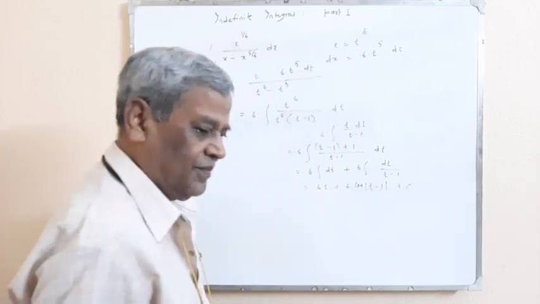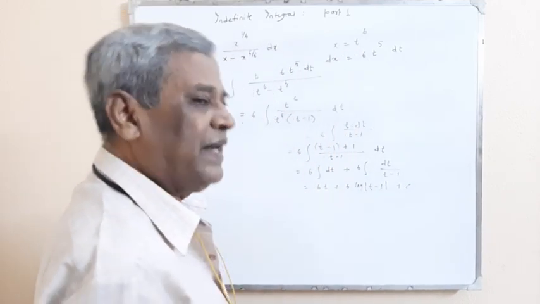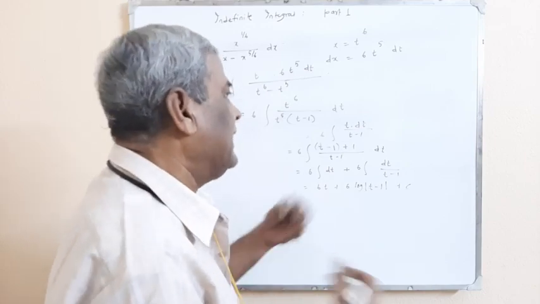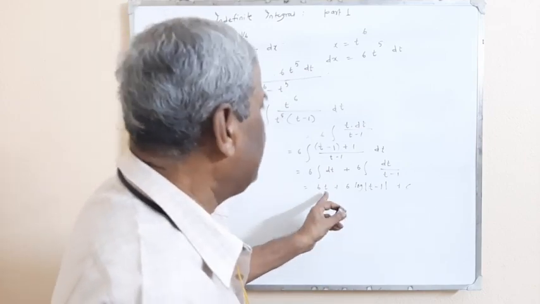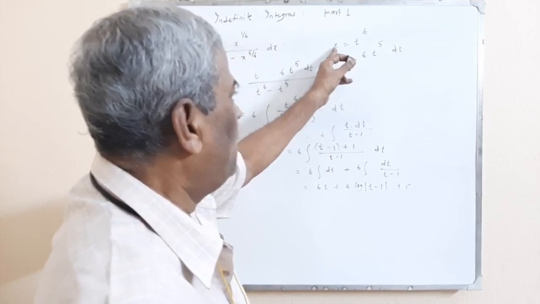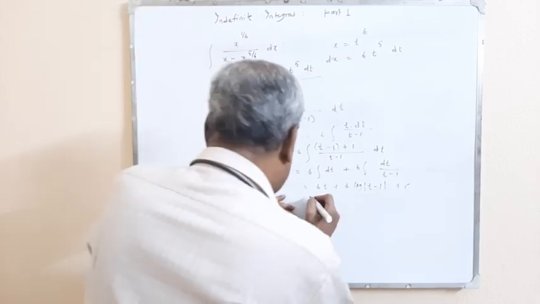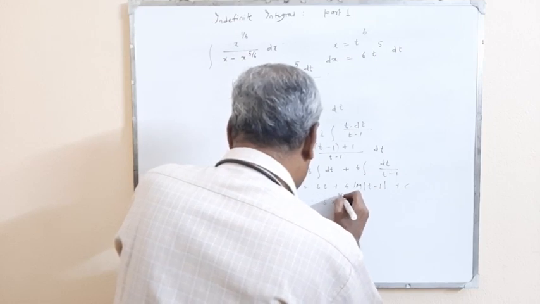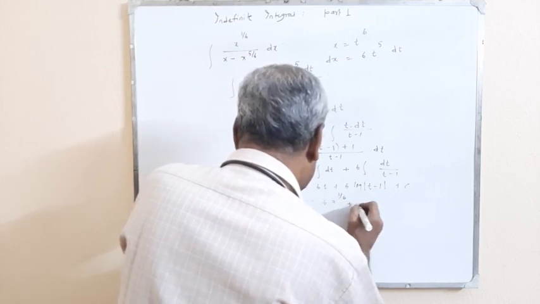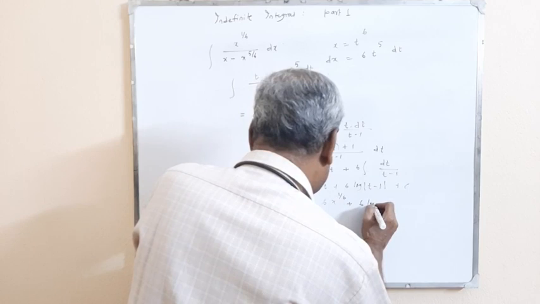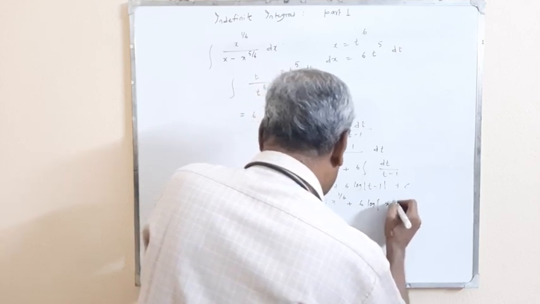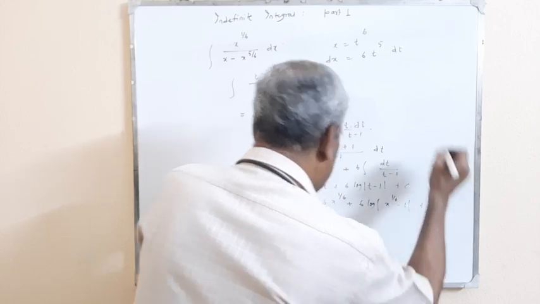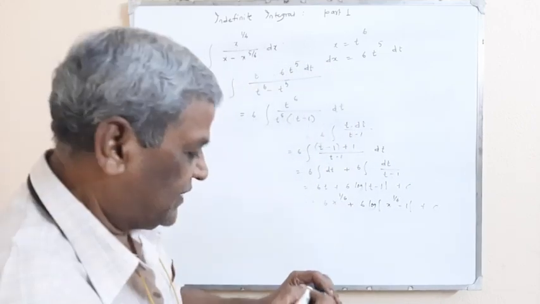Now the original variable is x, so we have to replace t in terms of x. So that t means x to the power 1 by 6. So the answer is 6 into x to the power 1 by 6 plus 6 log of mod of x to the power 1 by 6 minus 1 plus integration constant, and that is our answer.